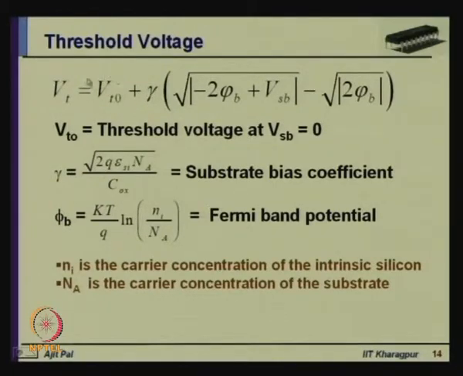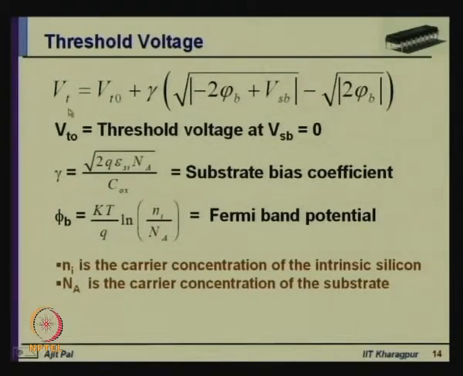Now, one very important point: as I told, threshold voltage plays a very important role, and on what factors or parameters it depends. You can really derive an expression for threshold voltage in terms of various parameters, but here I have simply taken the expression, and I am not going to derive it.